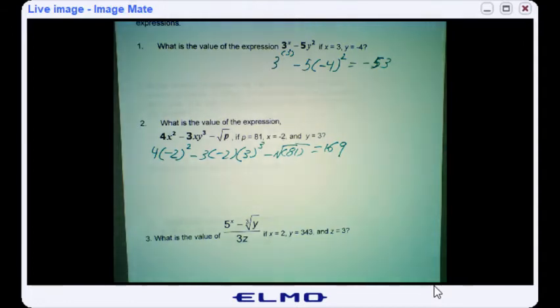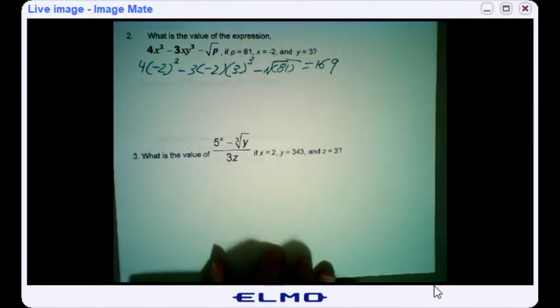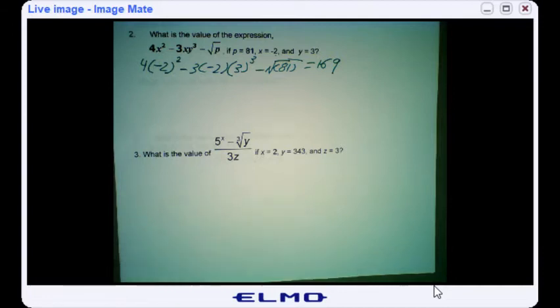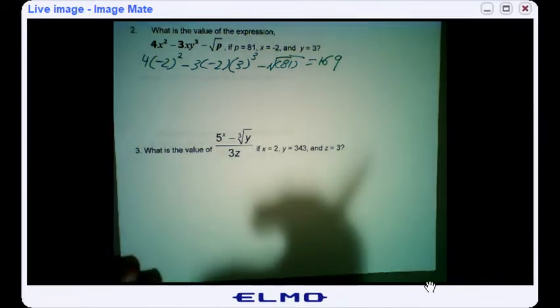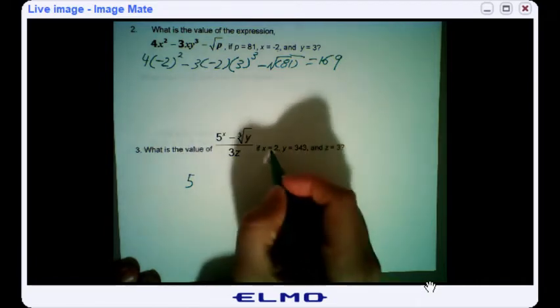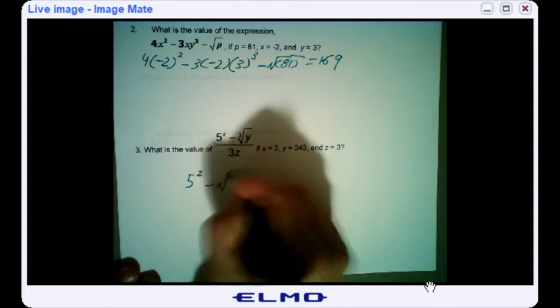Okay, for my next problem, I need to find the value. It's a very long fraction, 5 to the power of x minus the cube root of y all over 3z. So I'm going to have 5 to the power of 2, because x is 2, minus cube root.